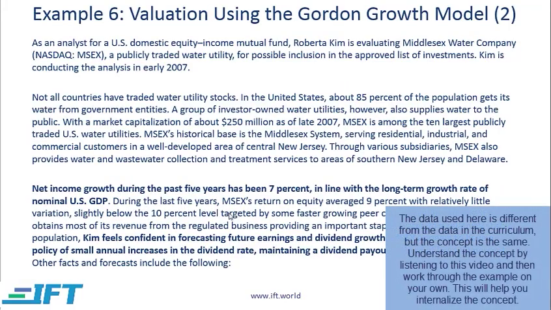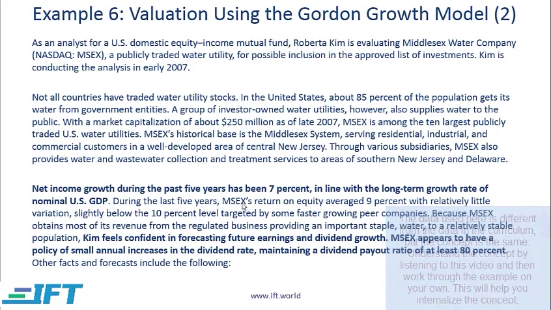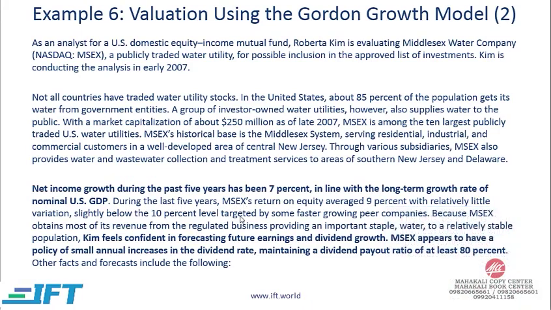All right, let's look at example 6 now. And what I am going to do is just emphasize the most important points here. If you have time, you can pause and read through all this and try to solve it, but let's look at the key points. Net income during the past 5 years has grown at 7%.